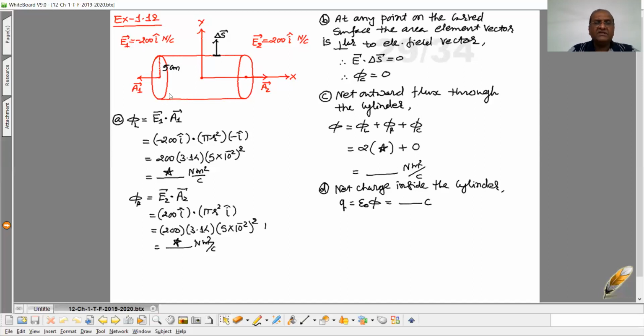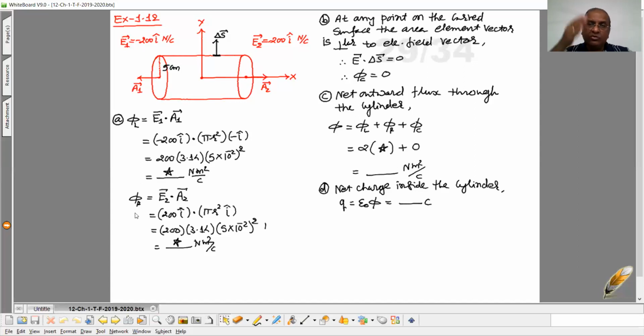For this particular flat surface, the area is pi r square, and it is in the negative direction, so minus i caret. So 200, 3.14, r is 5 centimeter given to you, so that is 5 into 10 raised to minus 2 whole square. Solve this one, you will get the flux passing through the left side flat face.